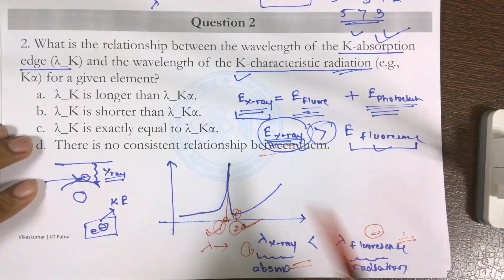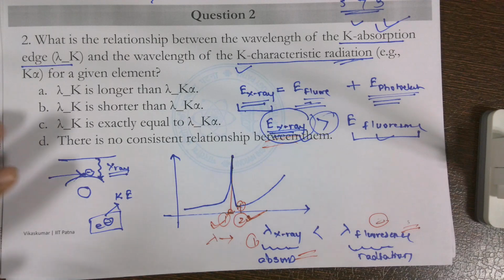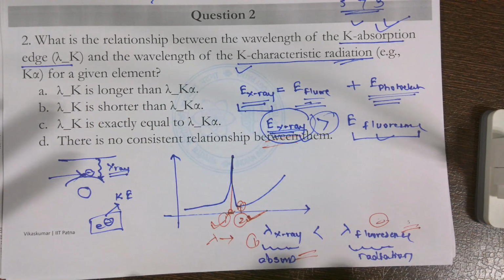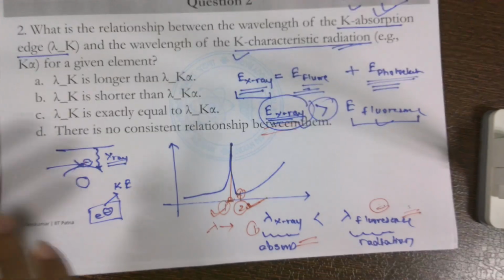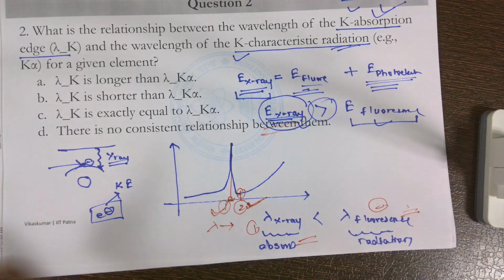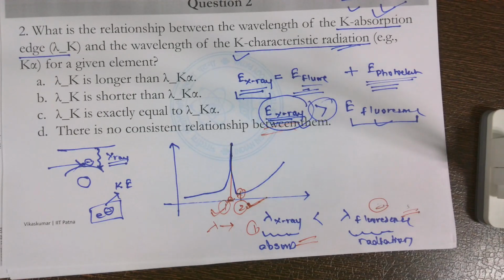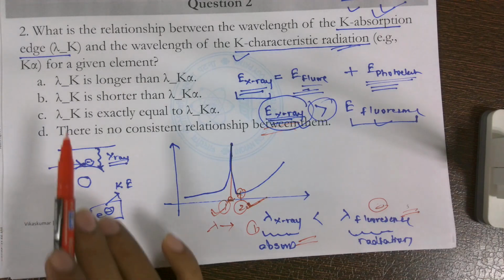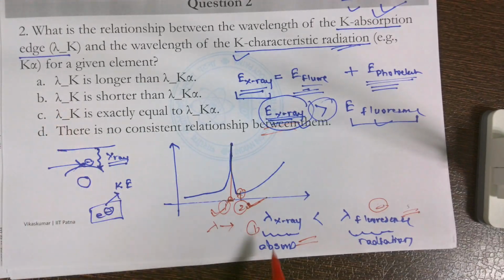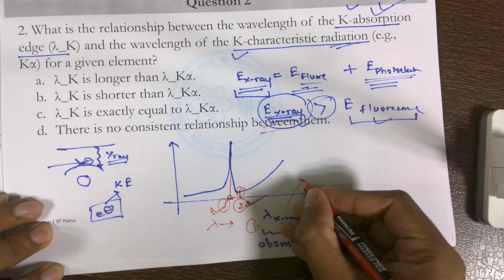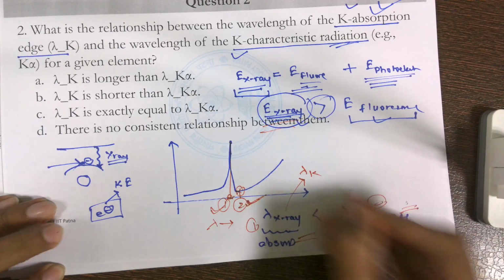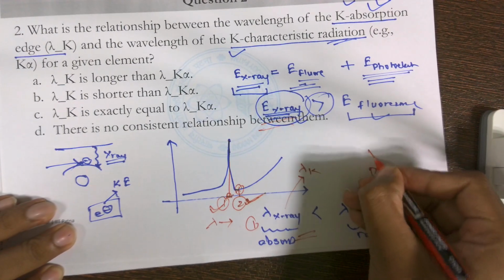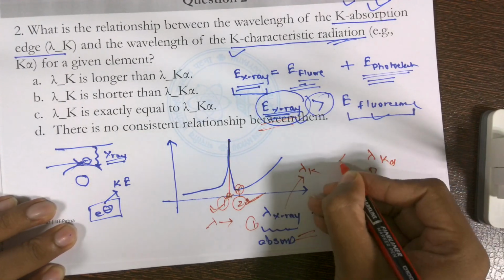So now let's try to answer this based on the concept that we have learned. We have already answered this particular question. Can anyone just write among A, B, C, and D which one is the right answer? Very good. So this corresponds to lambda K, and this will correspond to lambda K alpha, right?